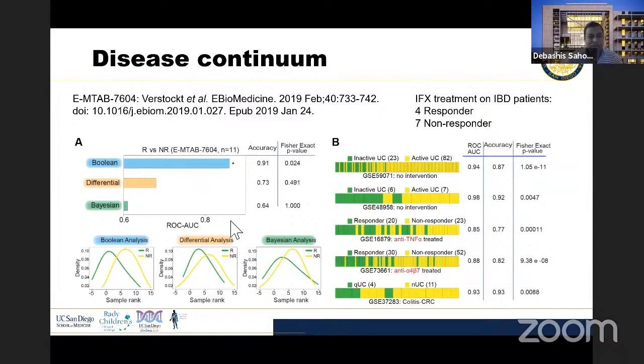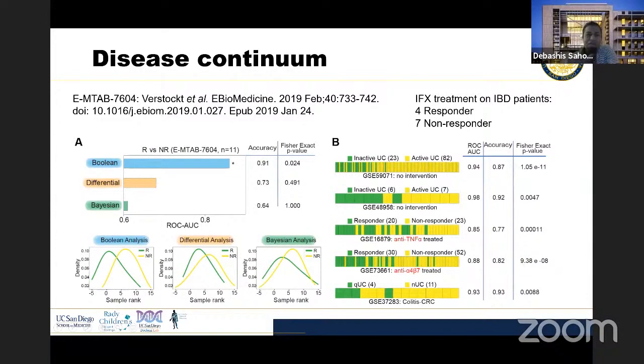And here I have compared this Boolean approach to the other approaches, the differential analysis versus the Bayesian analysis, and tried to figure out the list of genes there. You can see the Boolean analysis performs really well when you are challenged with responder versus non-responder.